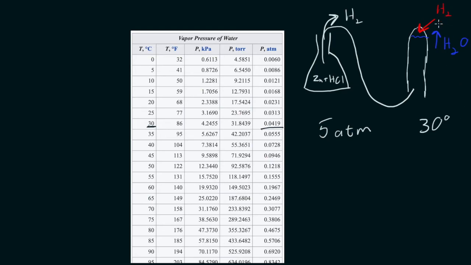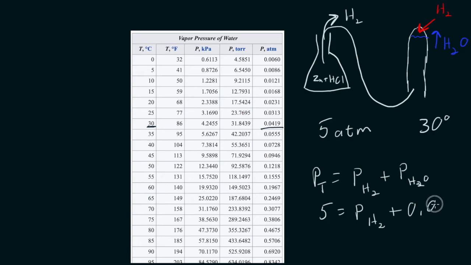So if I want to know what's my partial pressure of hydrogen here, I can go, it's going to be total pressure. It's the pressure of the H2 plus the pressure of the H2O. So it's going to be 5 equals the pressure of the H2, which is what I'm looking for, plus that partial pressure of H2O, which is 0.0419 in this case.